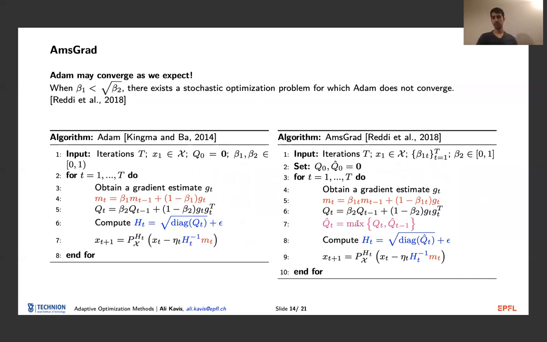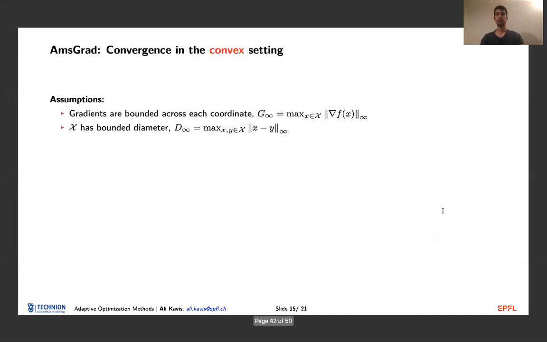This basically computes the maximum q_t so far for all the coordinates, and then it applies the same update rule with respect to this q hat t. What this eventually leads to is that we have a monotonic quantity for the second order estimate. And for AMSGrad, the authors prove some rates, and a more recent work proves rates in other settings.